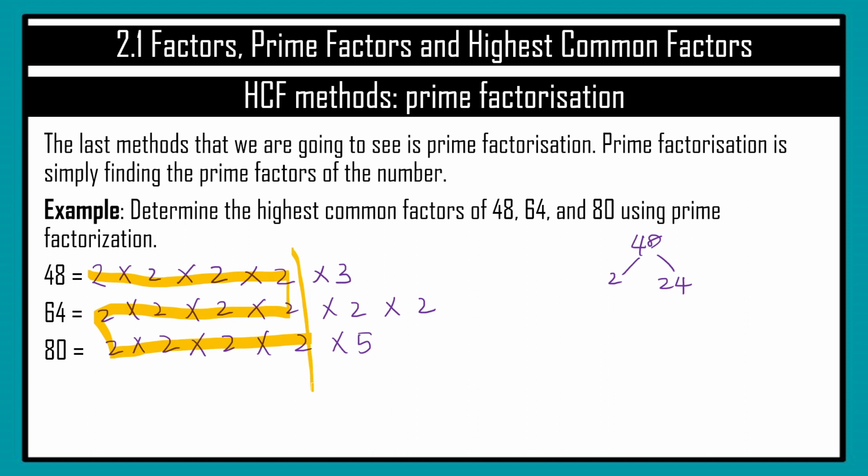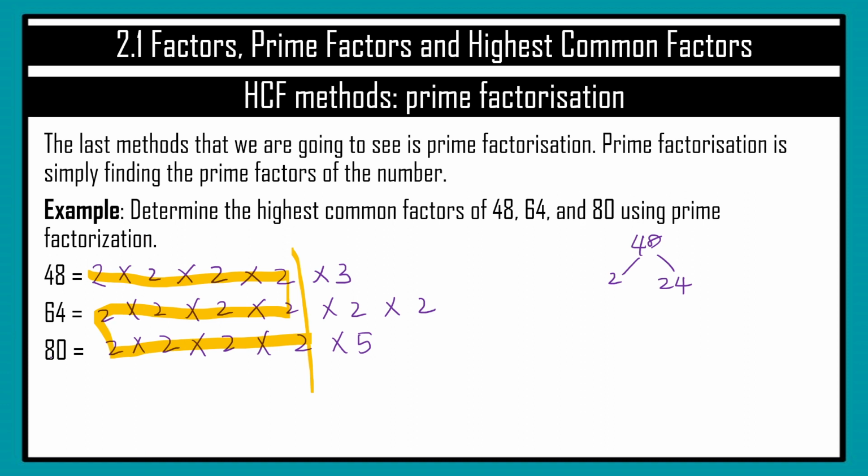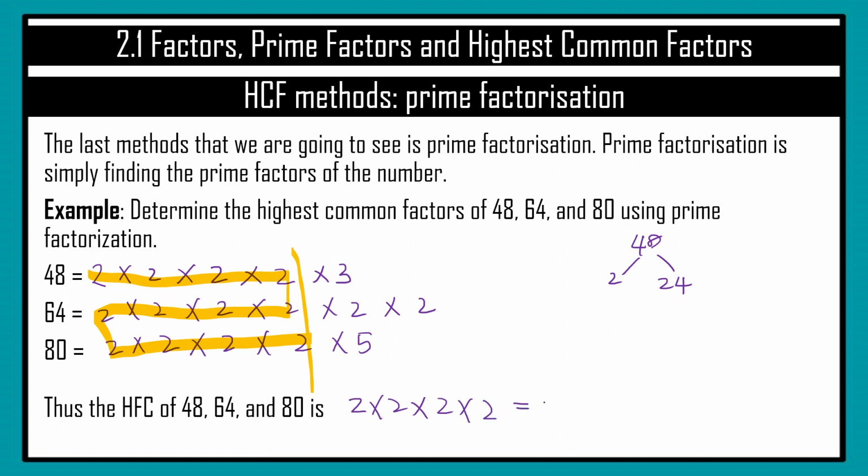Alright, so it's up to here. So for this one, the highest common factor for 48, 64 and 80 will be 2 multiply 2 multiply 2 multiply 2, which equals to 16.